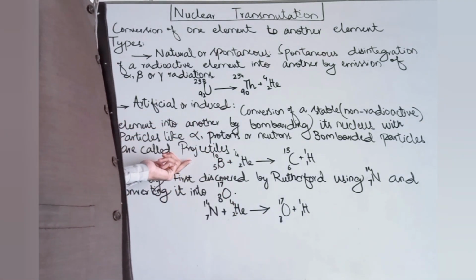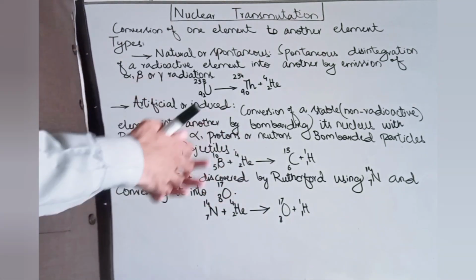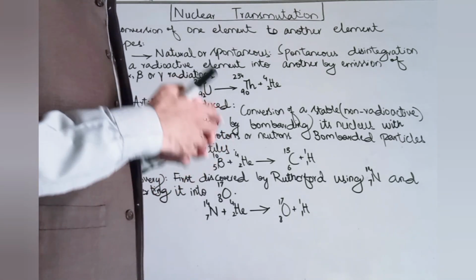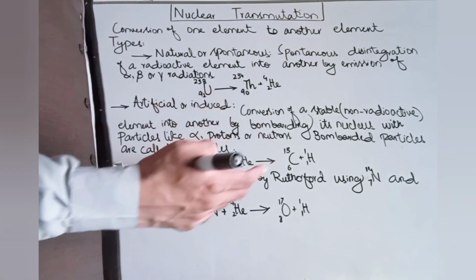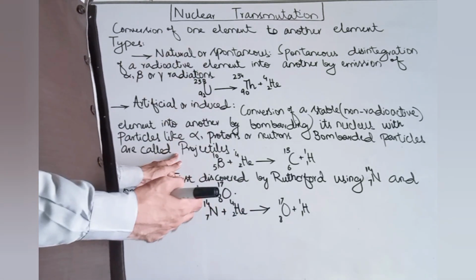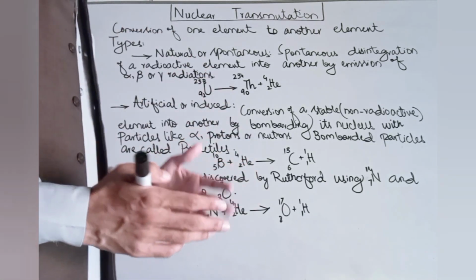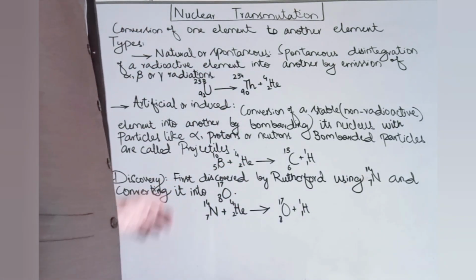The particles like protons, neutrons and alpha particles that are bombarded on the stable nuclei are known as the projectile. So projectiles are the particles that are used to convert stable nuclei into unstable nuclei.